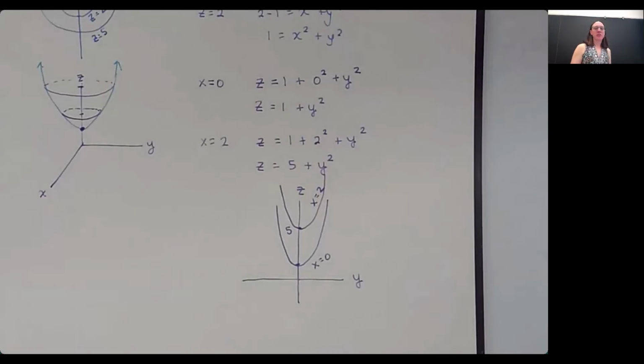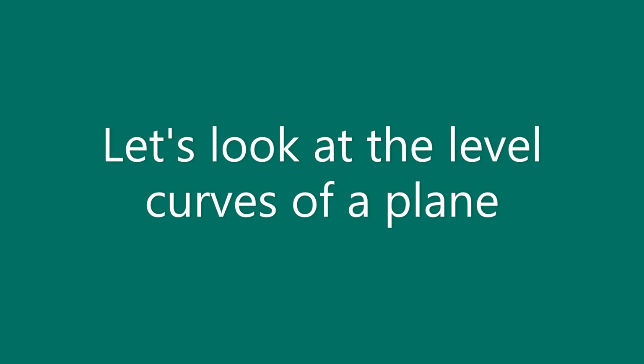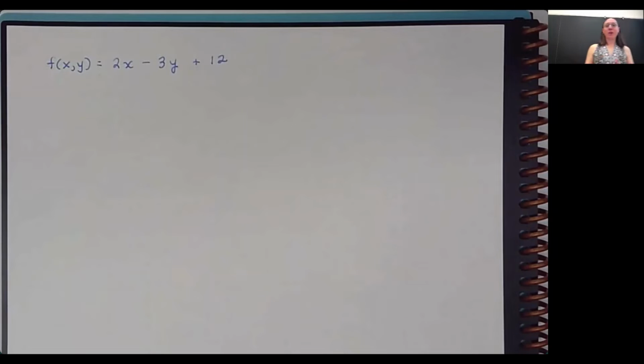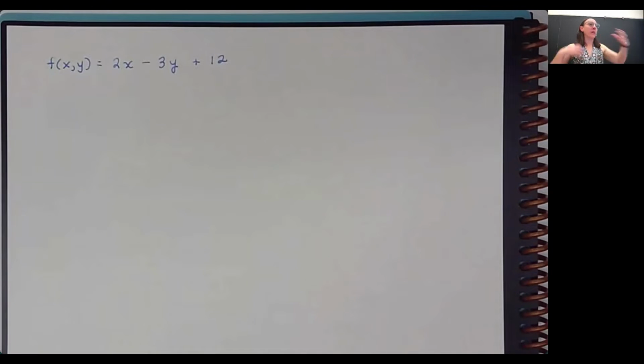I mentioned this on Tuesday, but you will not be expected to be an excellent graphical artist in 3 dimensions. We're going to write our functions with function notation instead of writing them with a z.